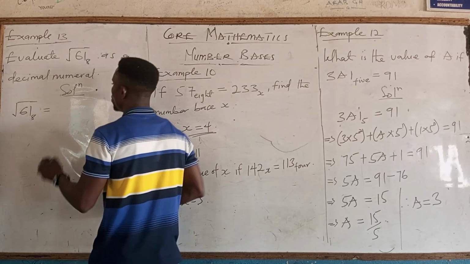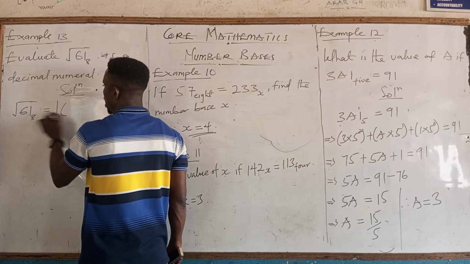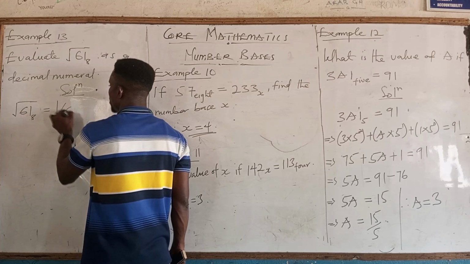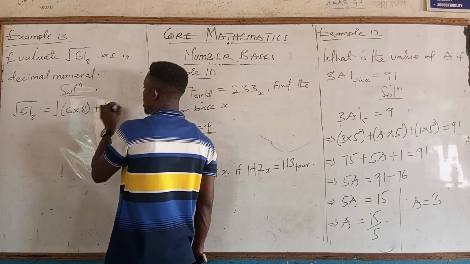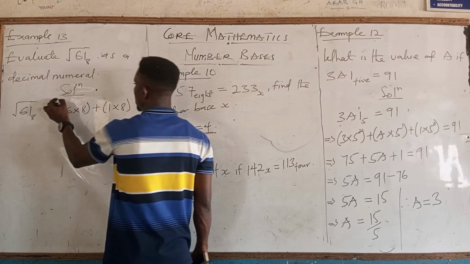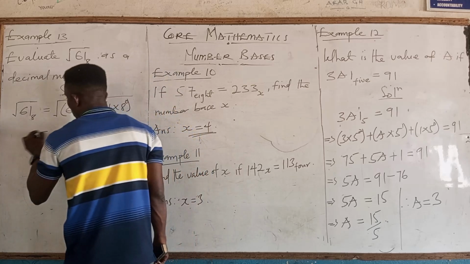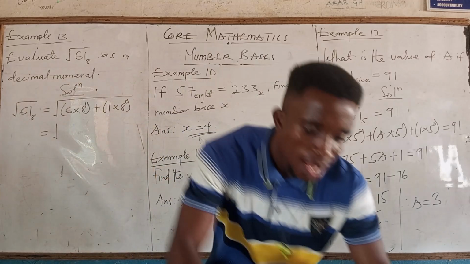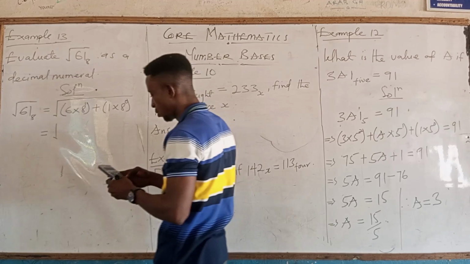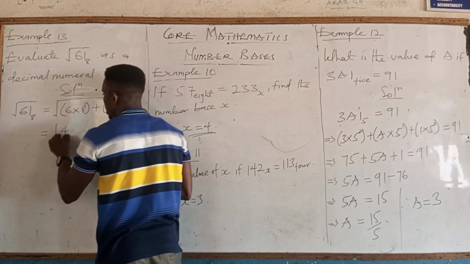So let's see what we do. I bring my square root. Then I convert this one to base 10. So I'll have 6 times 8, then plus 1 times 8 to the power 0. Then continuing, I have 6 times 8, which is getting us 48.